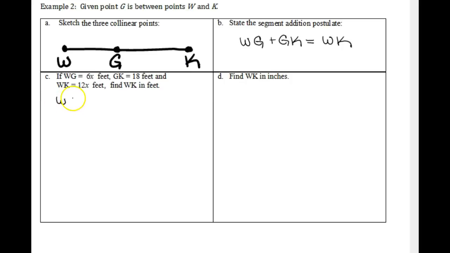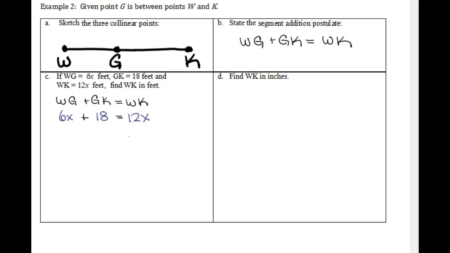Now I'm going to use the segment addition postulate to answer the question. I'm going to do my substitution. 6x plus 18 equals 12x.